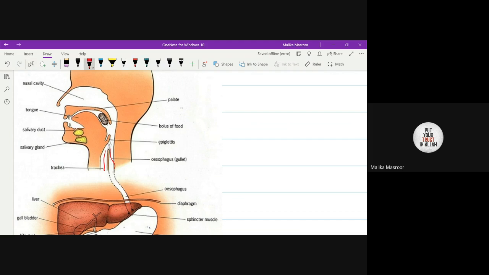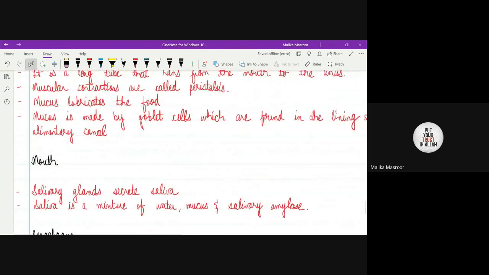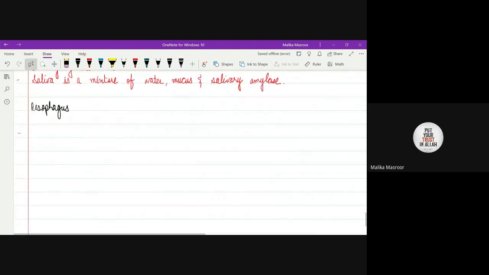It covers your trachea while you are eating so that your bolus goes directly into your esophagus. And when you're speaking, obviously the flap goes up. That's why it's said not to speak while you're eating. Otherwise, the food can get dislodged into your trachea as well.